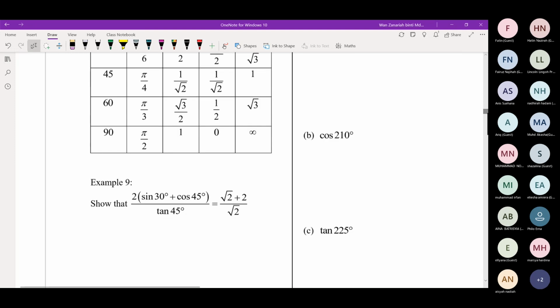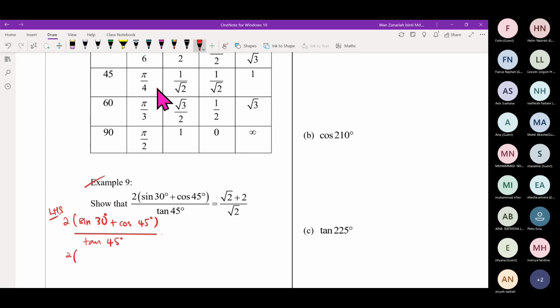Okay, so let's do example 9. Show that 2 sin 30 plus cos 45 equals... Okay, when it says show, you have to choose either left hand side or right hand side. Of course, in this case, we choose left hand side: cos 45 over tangent 45. Okay, so what is sin 30?